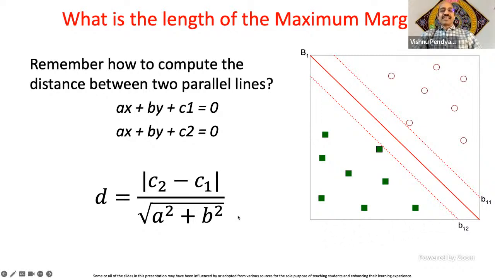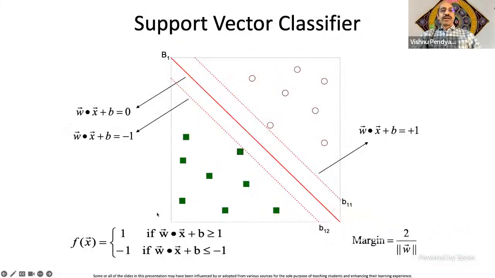Now let us extend the same thing to our machine learning parlance. This is all geometry, A, B, C, but we want to express it in terms of weights and biases. How do we do that? The margins are called H1 and H2 here. Any equations for H1 and H2 can be brought into the forms shown on the slide.